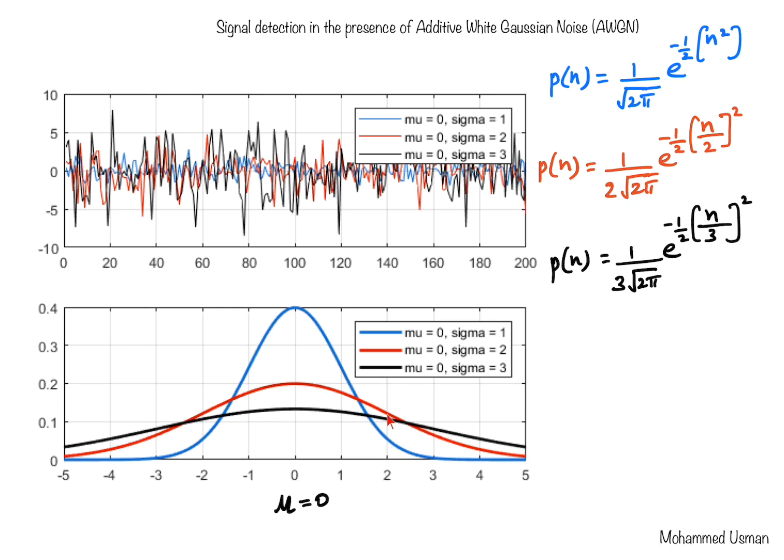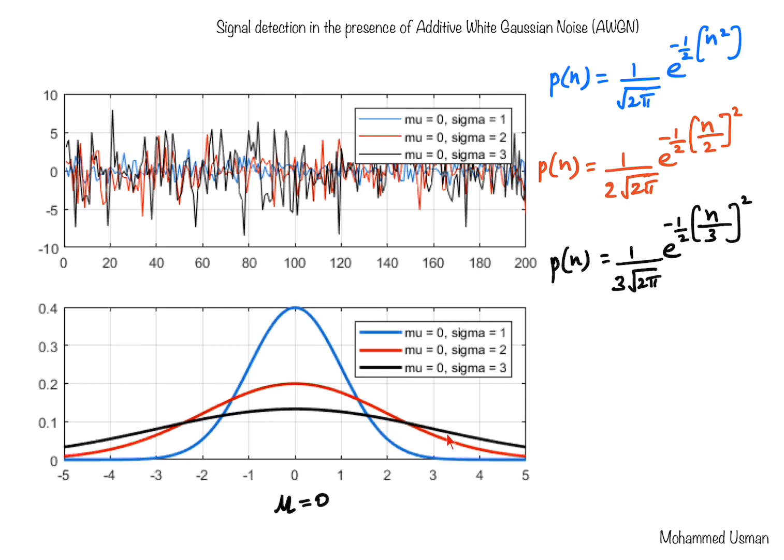For the red PDF, the probability that the noise amplitude is 2 volt is around, say, 0.14 or around 14%. And for the black PDF, it's just over 10%, so around 11%.